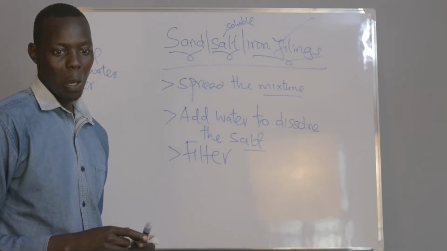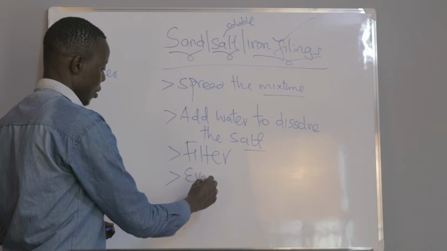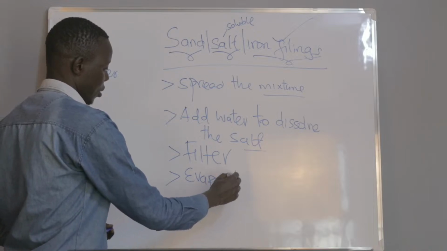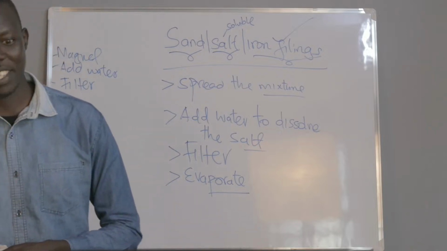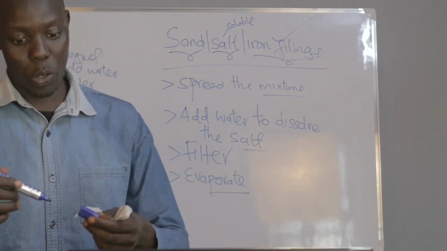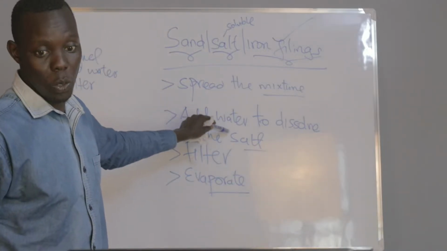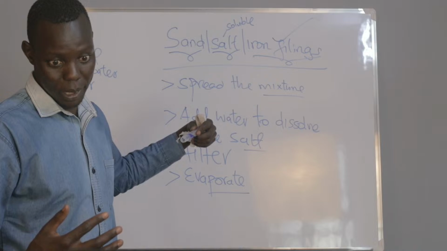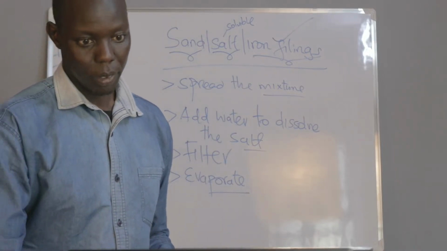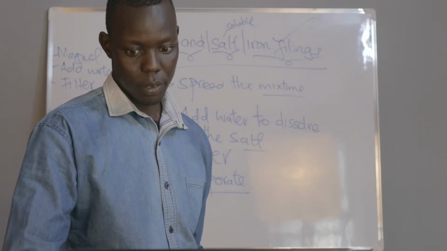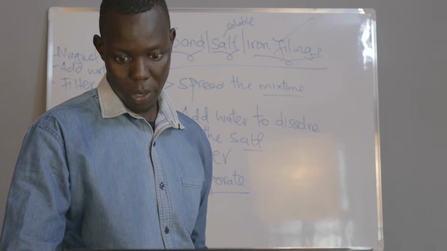Number 4, evaporate. When we evaporate now, you separate water from the salt. Remember we added water, and water was part of what we are supposed to be separating. So the last step will be evaporation. Are we together?